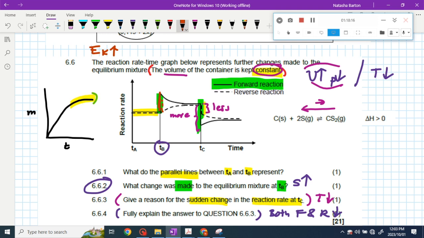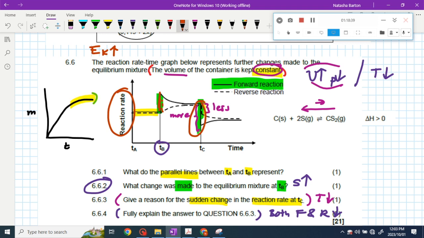Only one reaction is affected. Whenever you have a change in temperature, the reaction rate graph will be affected for both reactions. Just like over here, can you see both go down? That is how I knew it was temperature. Is that okay? If you need more explanation, you can always ask me afterwards.